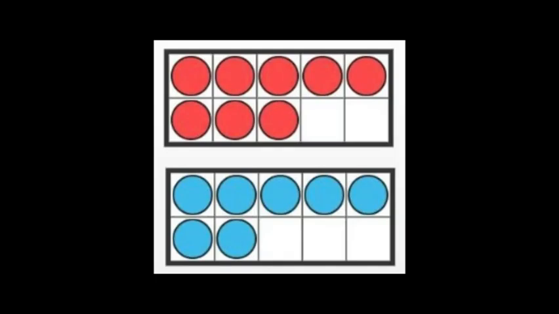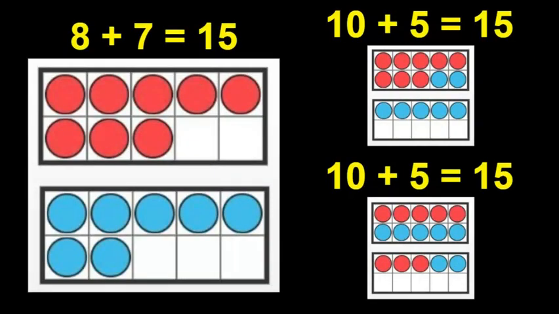Here's another one. Oh, that one was tricky. Do you need to see it one more time? How many dots did you see, and how did you see them? On this one, you might have seen 2 different things.